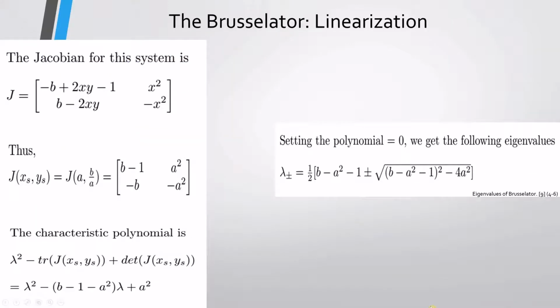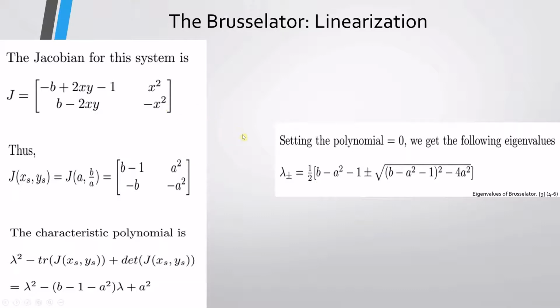Despite our new simplified system being much simpler than the original unedited system, we are faced with the problem that the system is still nonlinear. Thankfully, we can use the Hartman-Grobman theorem to analyze the stability, or stabilities as we will soon see, of the steady state. By taking the partials of the simplified Brusselator, we get the Jacobian shown here at the top left.